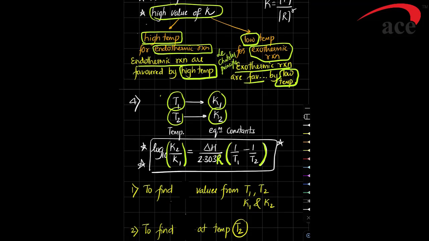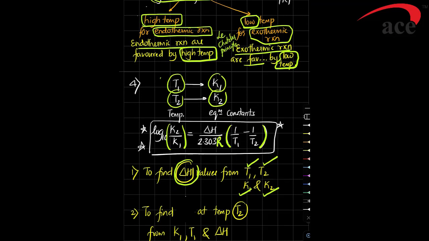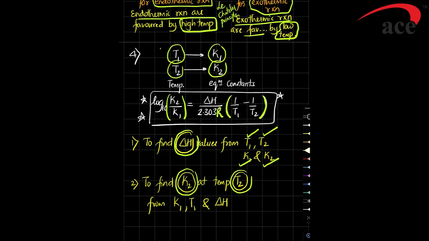This way we will be able to find the value of delta H if we know K1 at T1 and K2 at T2. If you substitute all these values, you will be able to calculate delta H. Similarly, we can use this equation to calculate K2, the equilibrium constant at any other temperature T2, if you know K1 at temperature T1, and delta H.